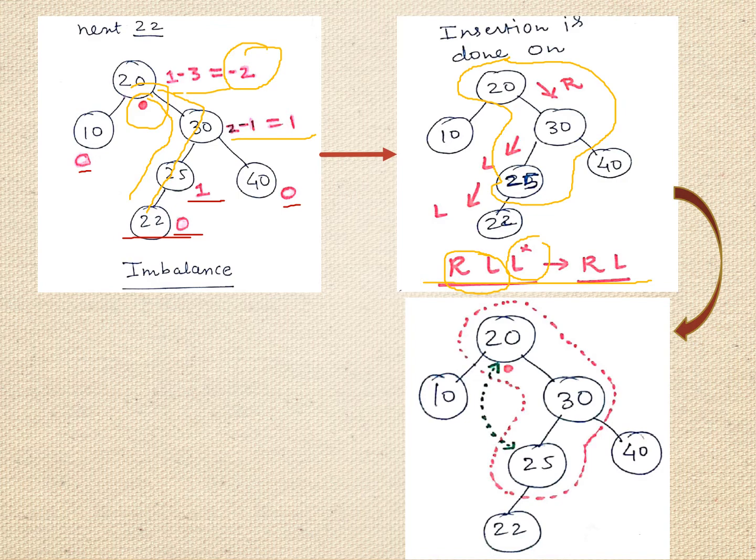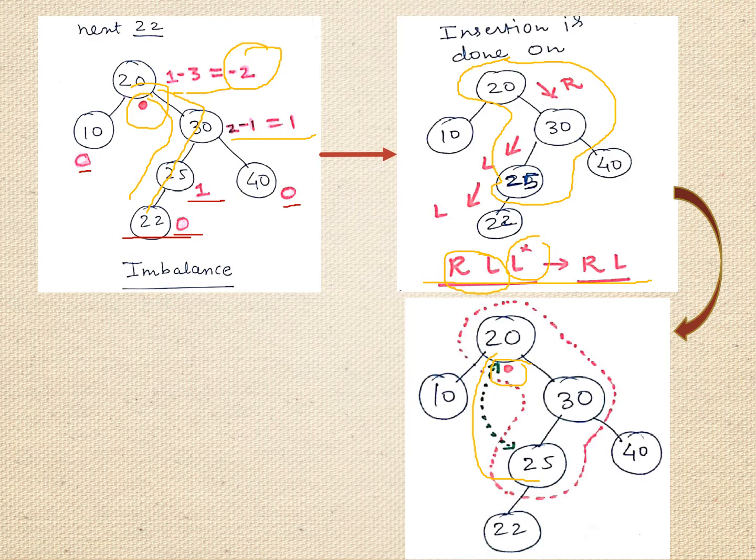Why? Because 20 is now getting imbalanced. There is no other node here getting imbalanced, only the 20 node. So therefore only the right part we are verifying. Now while doing this, if this is ABC with the shortcut, you can replace this C node with this A node, and then this will be shifting towards the left.